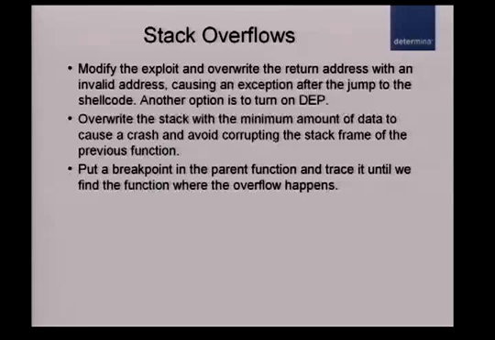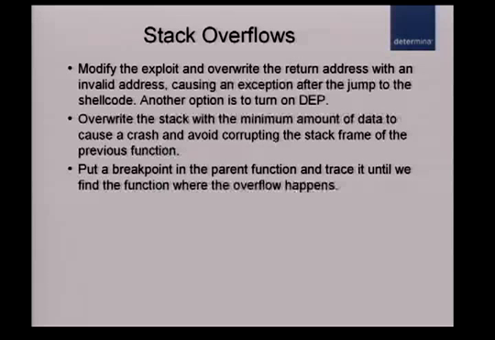So once you find where the crash is, you want to look at the call stack and see how we got to that place. One problem is that stack overflows usually override a bunch of the stack, and you can't see the call stack anymore because it's overwritten. So to work around that, the solution is to find the minimum size of the request that causes the crash without overriding anything past it.